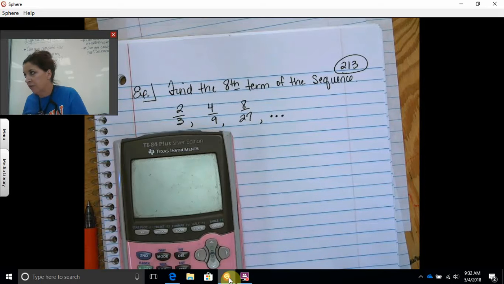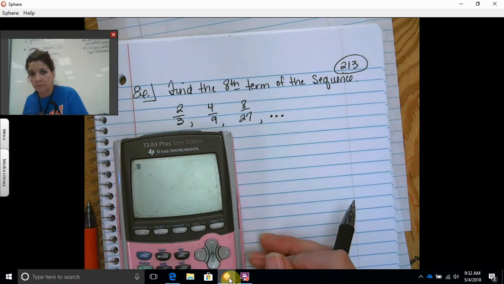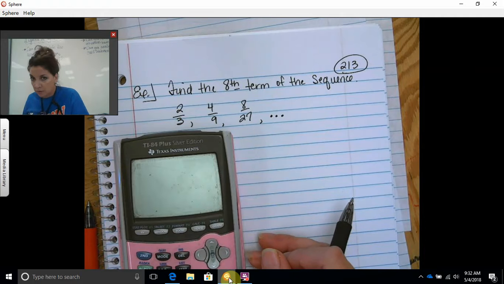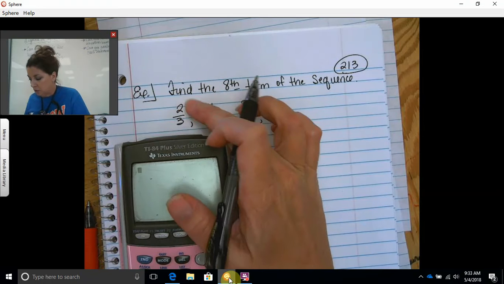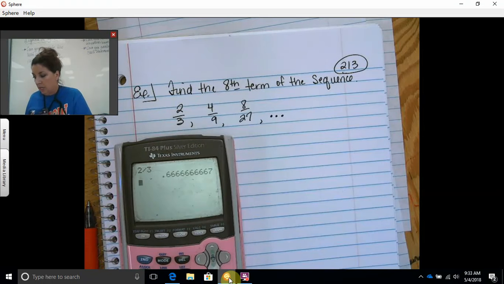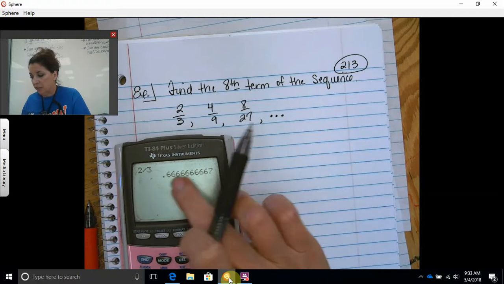So how do you convert a fraction to a decimal? Top divided by bottom. What are the right words? Numerator divided by denominator. So in the first one, 2 divided by 3. All right, let's round everything to the same place. So let's round everything to the hundredths place.